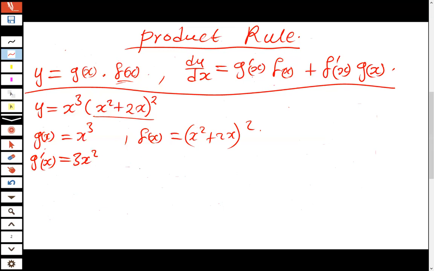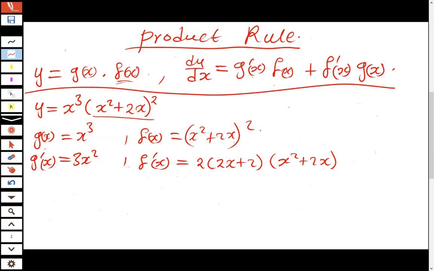Then when you differentiate f prime of x using the chain rule, you are going to get this as your expression, that is 2x plus 2, then multiplying everything by x squared plus 2x.